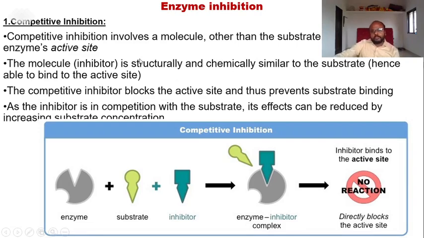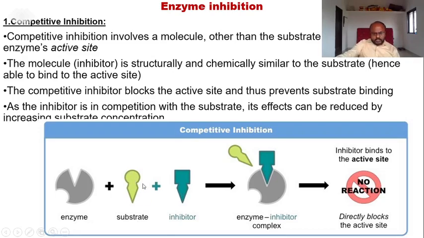In competitive inhibition, the inhibition involves a molecule or substrate which competes with another substrate. That means suppose this is the reaction. This is the enzyme, and this enzyme reacts with this substrate 1 and this is substrate 2.